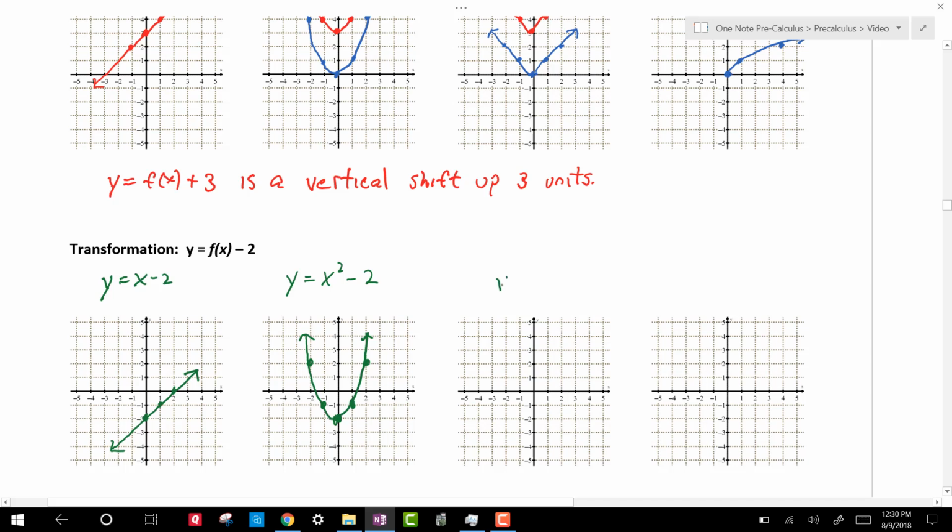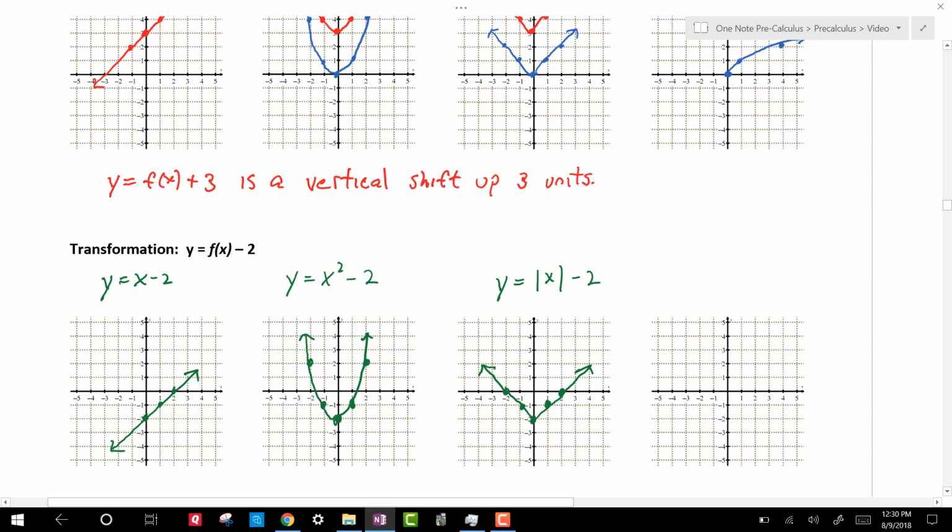This is now going to be y equals the absolute value of x minus 2 units. So I'm going to take my vertex, I'm going to go down 2, and then I'll drop all the other points down 2 units. And I end up with the exact same v, just shifted down 2 units. All right?